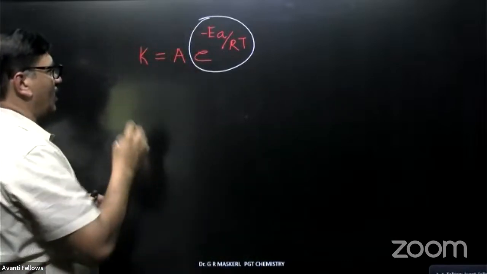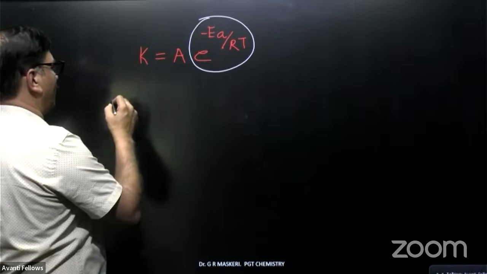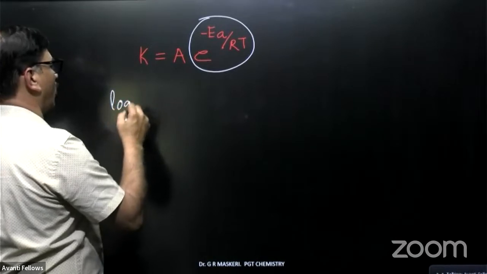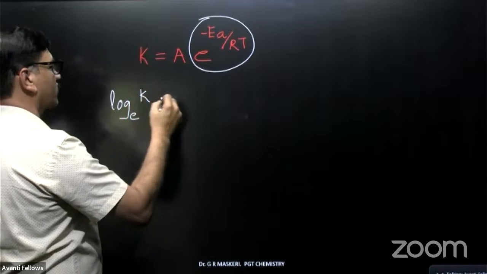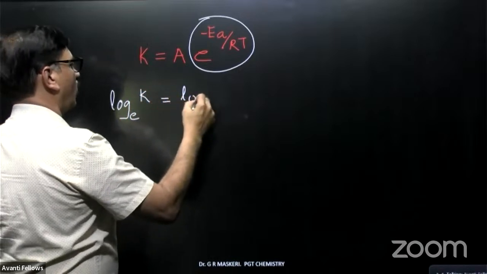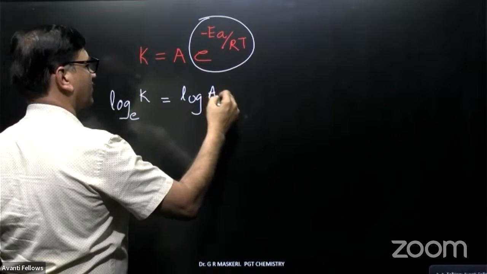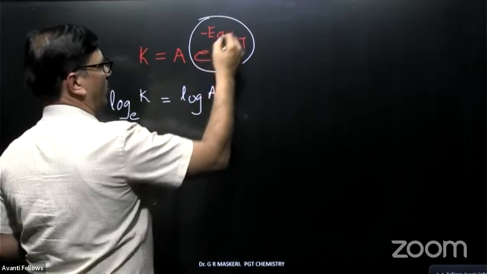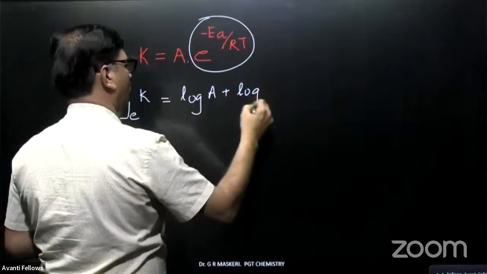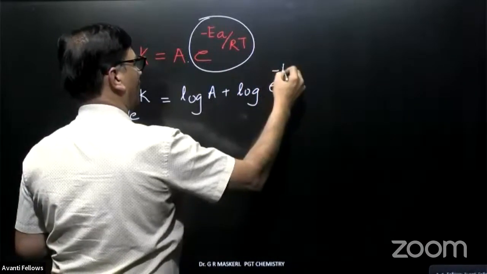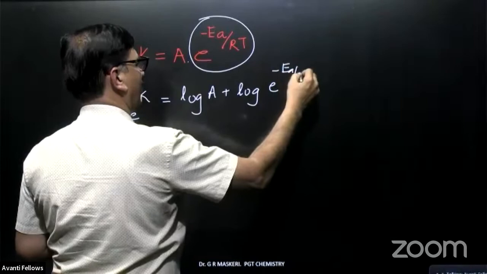Okay. Now, taking the log will be useful. Taking the log to the base e, log of K is equal to log of A plus log of e to the power minus EA by RT.